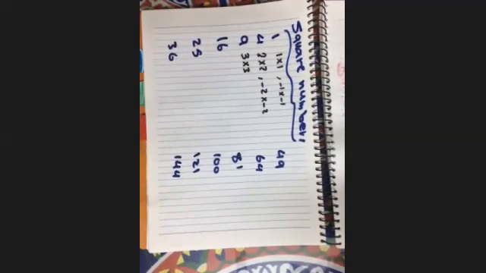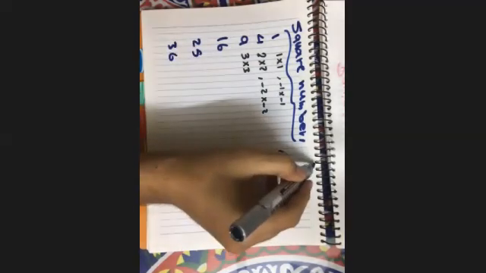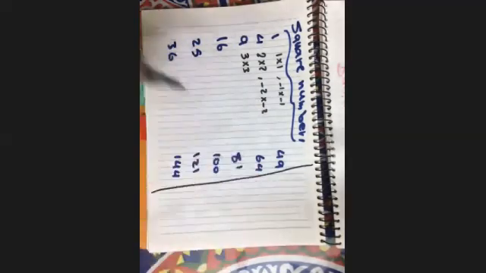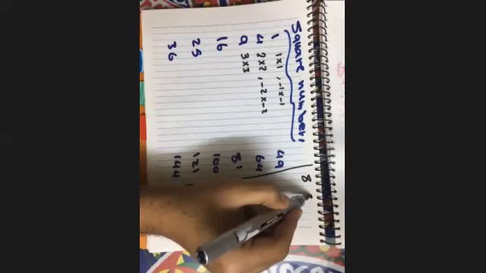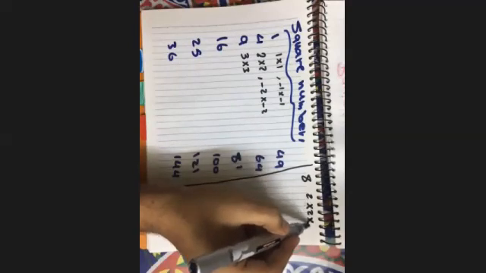And we have something called cubic numbers, but we will study them in grade 8. A cubic number comes from the product of three similar numbers, like 8 comes from 2 times 2 times 2.